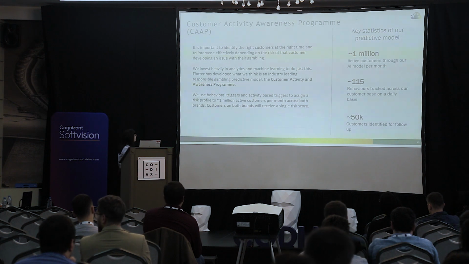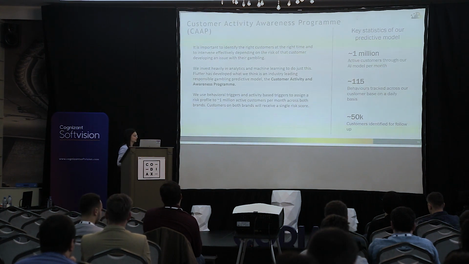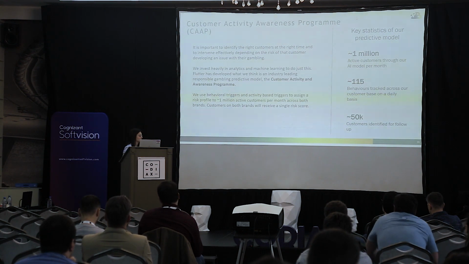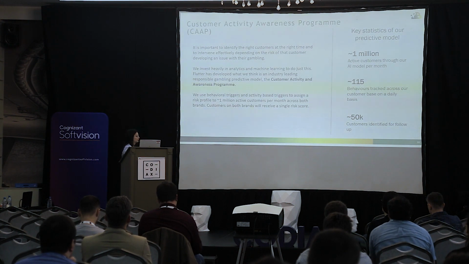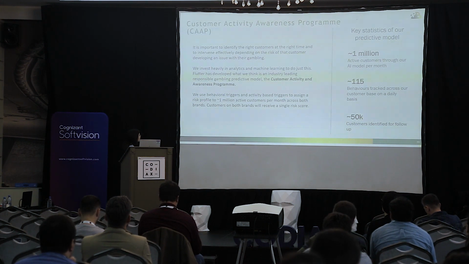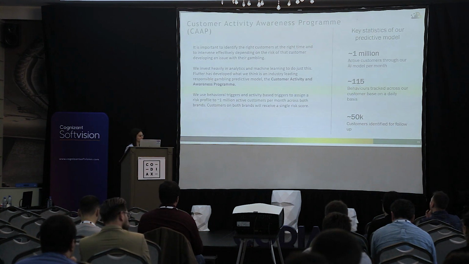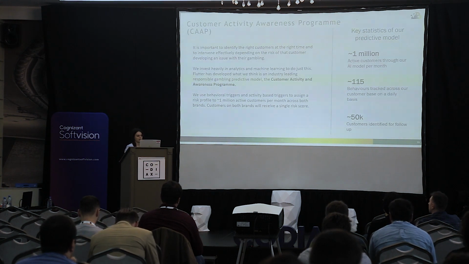While it is important to identify the right customers at the right time, it is also very important to intervene efficiently, depending on the risk of the customer. So we invest heavily in analytics and machine learning to do this, and we have what we call an industry-leading responsible gambling predictive model, which I'm going to give you some insights into.